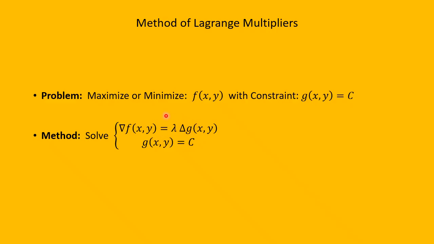Two vectors are equal if they are equal component-wise. So what this gives us basically is two scalar equations for this vector equation, plus one more scalar equation. So this will be three scalar equations and three unknowns, the unknowns being x, y, and lambda.